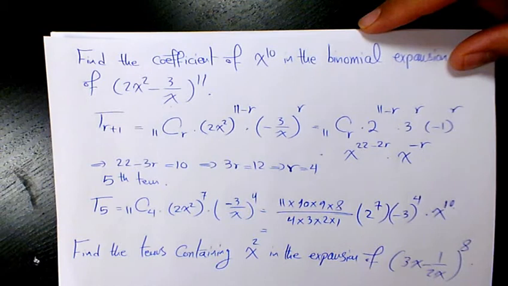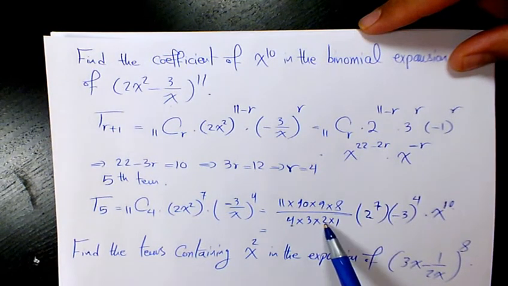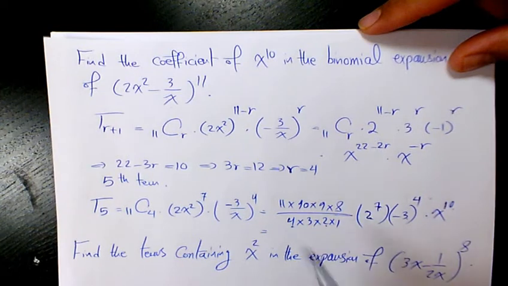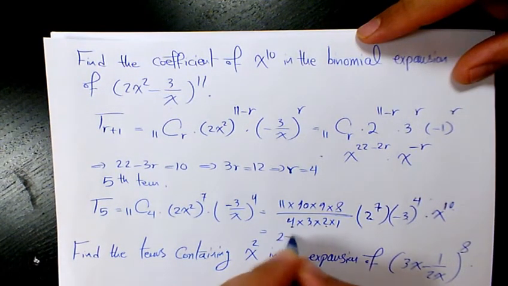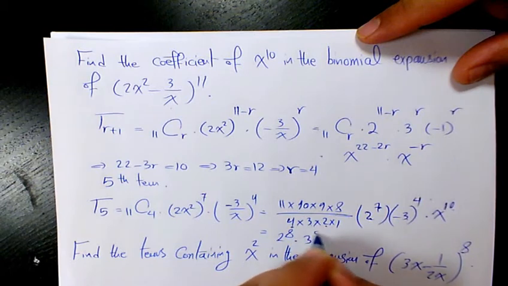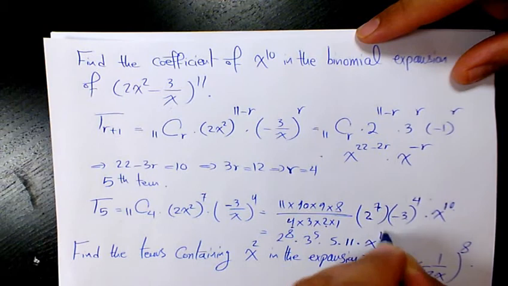When you calculate it, you can simplify it: 2 to the power of 4 with this 4 here and with this 3 here. Same thing here with 3. So at the end, the answer is going to be 2^8 times 3^5 times 11 x^10.